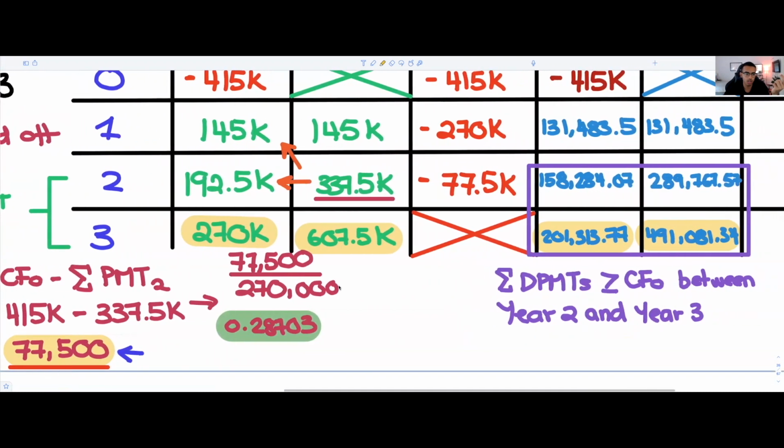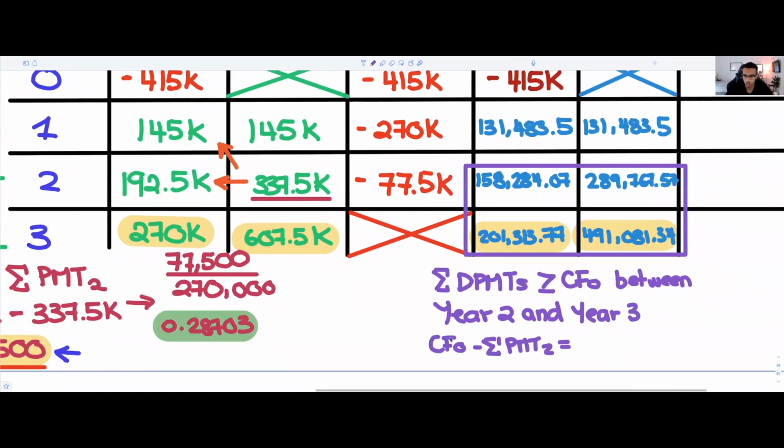So we're going to do CF0 minus the sum of your payments at year 2. And that's going to give you a specific amount. If I'm being efficient, I believe your amount should be somewhere along the lines of minus $125,000, something like that.